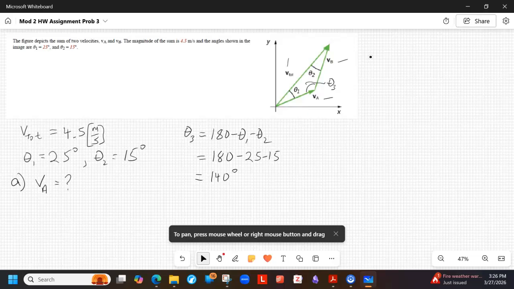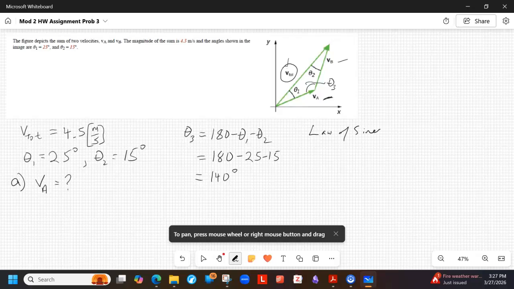Okay, now we're trying to find the length of V sub A, and we know what the length of V total is. We also know what this angle, theta 3, is. So I'm thinking maybe we can use a nice result or formula from trigonometry, namely the law of sines.